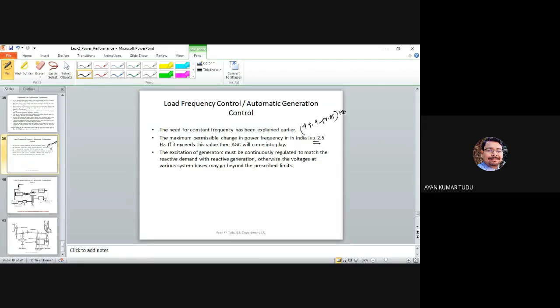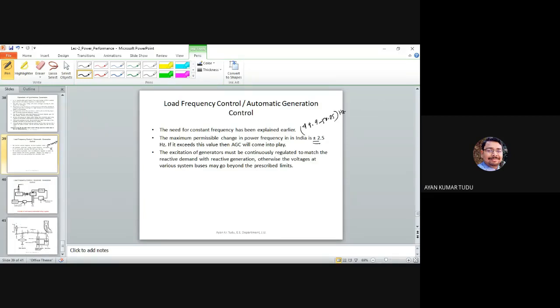So you can very well imagine the frequency has to be kept constant within a very narrow margin. Similarly, when you're talking about the excitation of generators, it must be continuously regulated to match the reactive power demand of the load. Otherwise, if the reactive power demand is varying, there may be a chance that the voltages at the various buses go beyond the permissible limits.